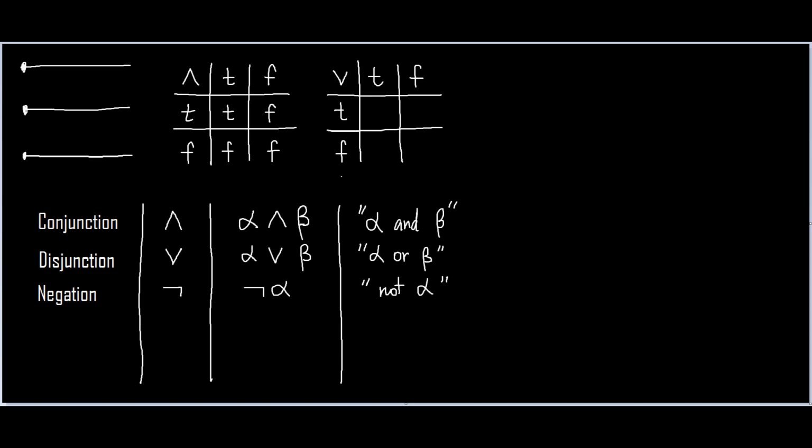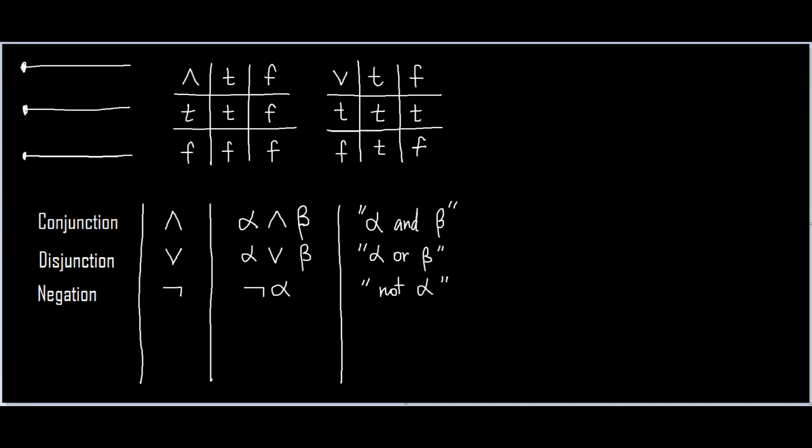If alpha is true and beta is true, then alpha or beta will be true. When one of them is false, it will still be true. The only case when this will be false is when both of them are false. And you will see how this is dual to the other one. There, the only case when that thing was true was when both of them were true. The rest were false. And here we have the other way around. There is one false and the rest are true.